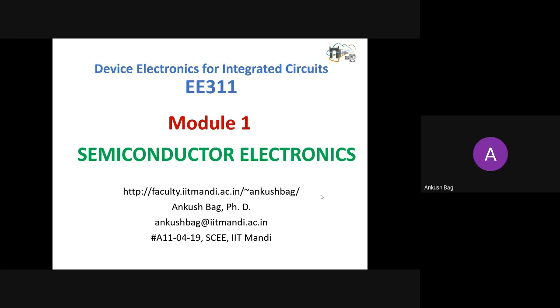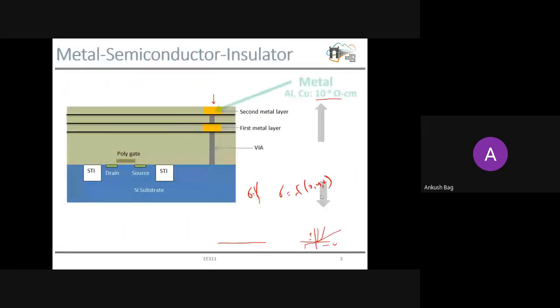Good afternoon, everyone. Today we'll continue our module 1, that is on semiconductor electronics, dealing with all the basics of semiconductors. Quickly recapitulating the last class, we have seen a variety of materials having a variety of conductivity in metal, semiconductor, as well as insulator.